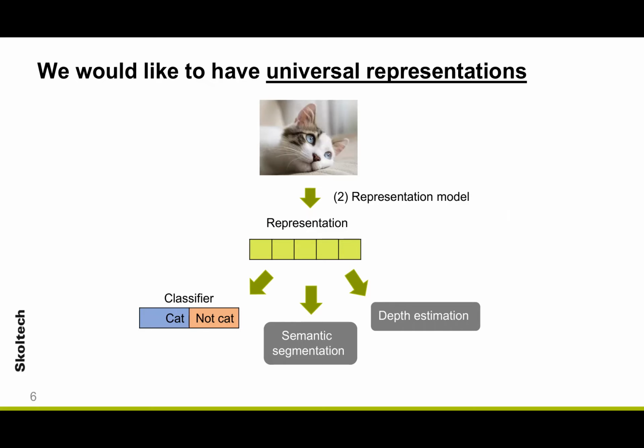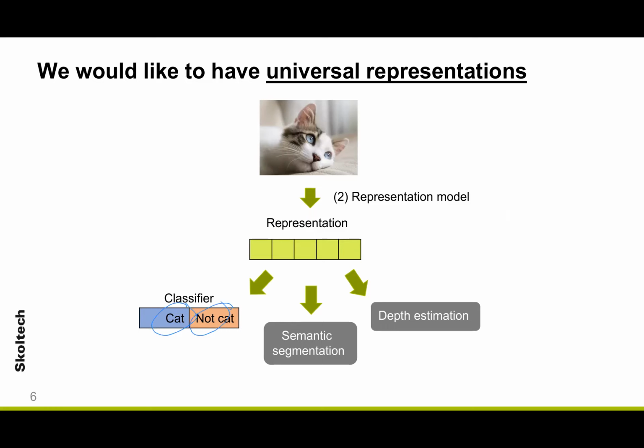Okay, this was our small goal, but we also have a more general goal: we want universal representations. We want our representation model to construct features that can be useful in many different scenarios, starting from classification of what is on this image: cat, not cat, dog, cat breed, and so on.